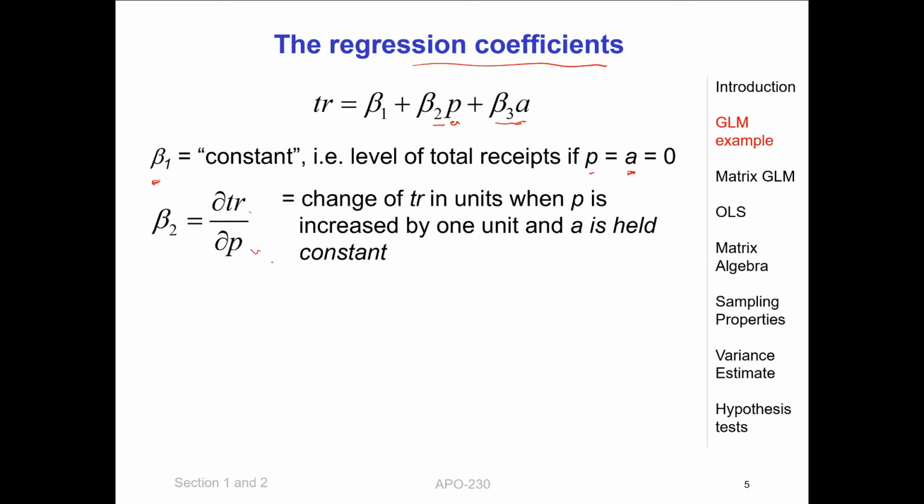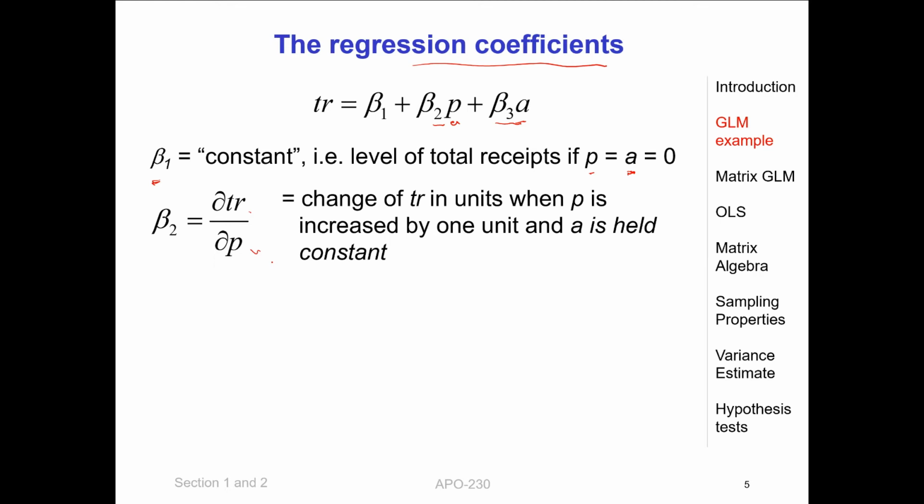By construction, the partial derivative of total receipts over price will tell you how total receipts change in its unit when price increases or decreases, or changes in general, by 1 unit.